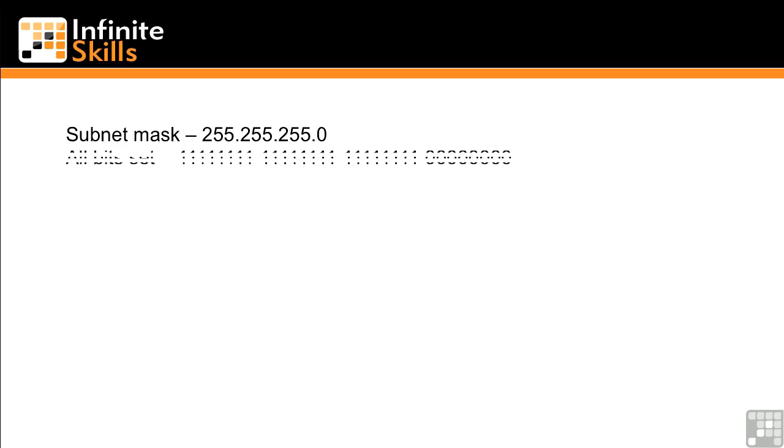Now, another important component that goes along with the IP address is the subnet mask. A pretty common subnet mask that you'll see is the one represented here, 255.255.255.0. Now, why do we need a subnet mask? Well, we need a subnet mask because the subnet mask tells us which portion of the IP address is the network portion and which part is the host portion.